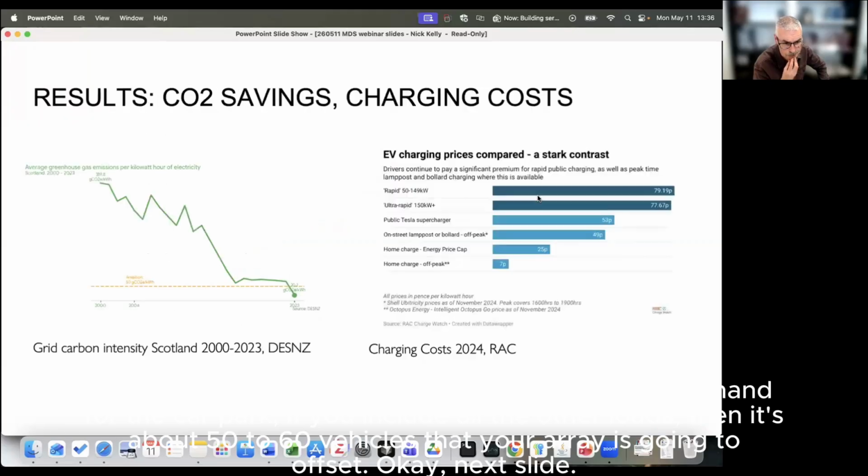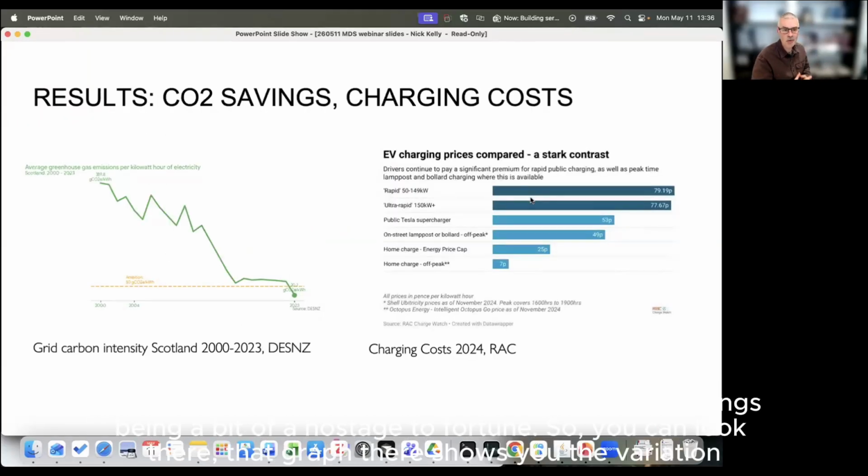Okay, next slide. I did talk a bit about things like CO2 savings being a bit of a hostage to fortune. That graph shows you the variation in grid carbon intensity in Scotland between the year 2000 and 2023. If you look at that, there's a very sharp decline around about 2015, which is when the ruggedized project started.